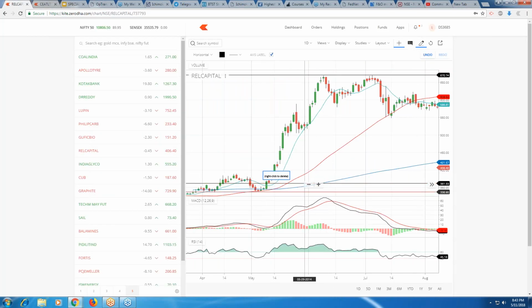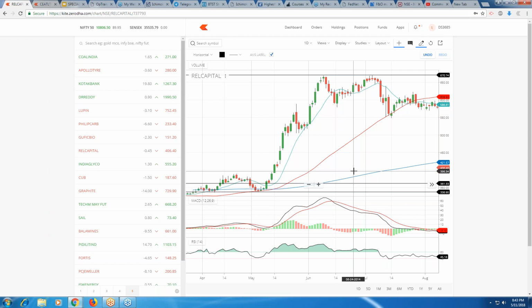I'm just taking a rough estimate. So 300 into 750, 2,25,000 rupees. I think so. I'm right in my calculation. So 300 into 750. Let me just multiply. It's 2,25,000 for a future lot.